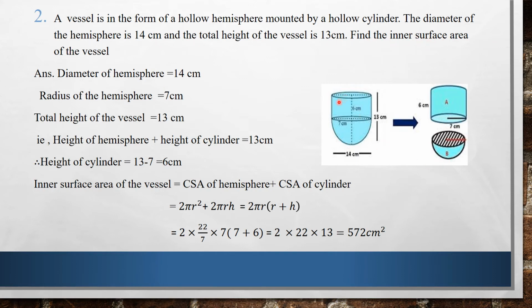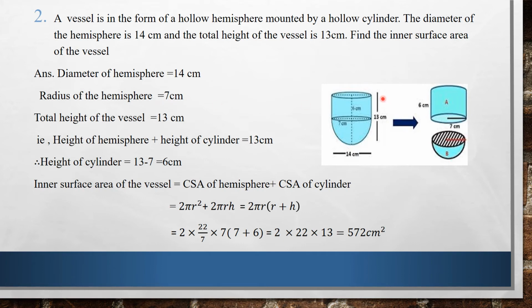We can see the figure, which will be the hollow hemisphere and a hollow cylinder mounted on the hollow hemisphere. When it is separated, we can see a hemisphere as well as a cylinder. We are given diameter is equal to 14. Since the diameter of the hemisphere is 14, the radius will be 7 cm.